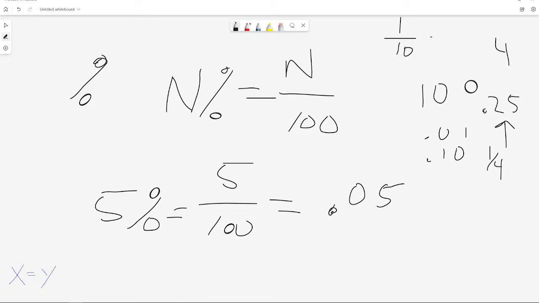So what happens if we multiply 10 to this? We end up with 10 over 10, and 10 over 10 is equal to 1.